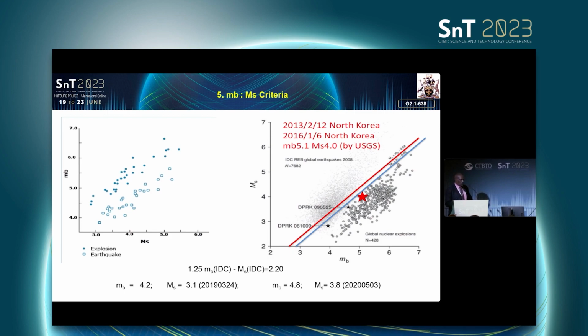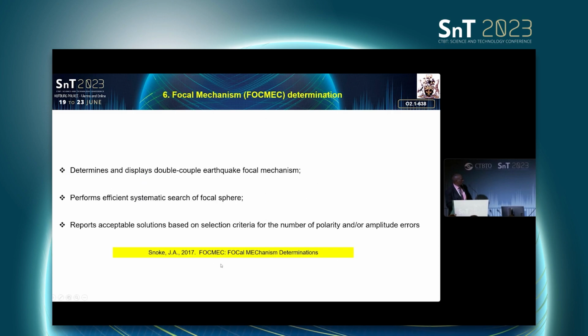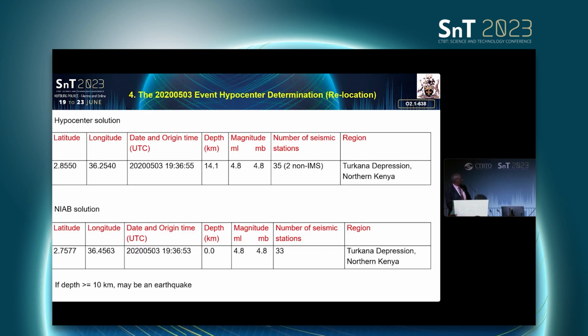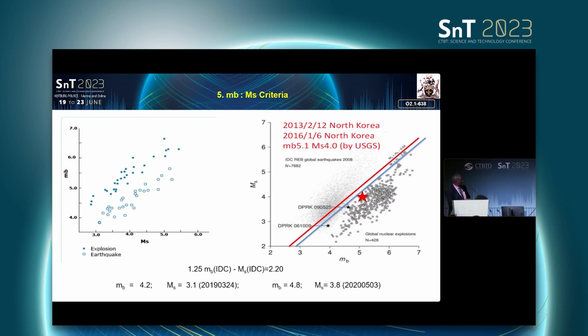We use a formula from the IDC, 1.25 MB minus MS equals 2.0.